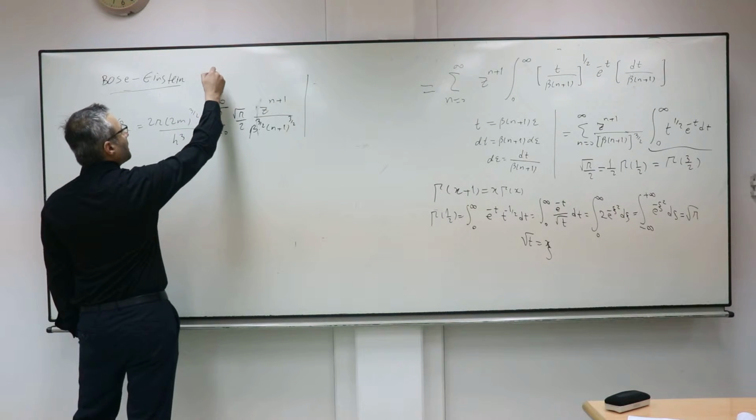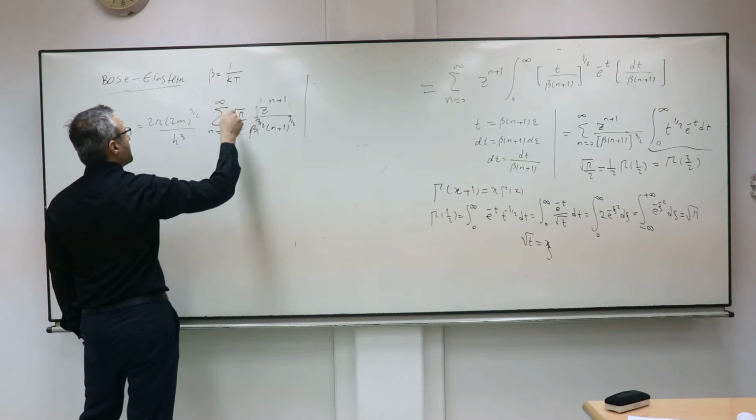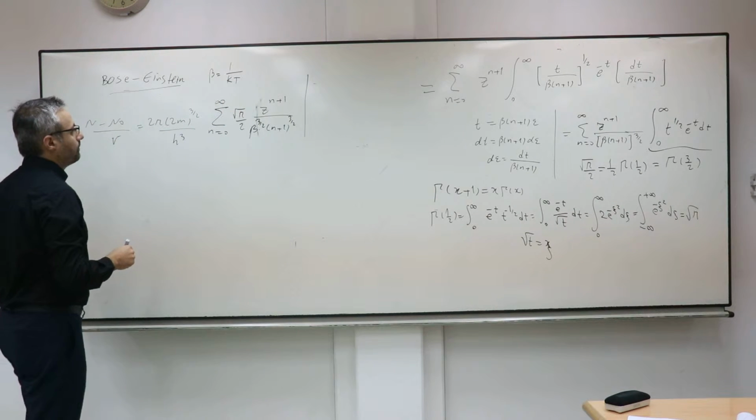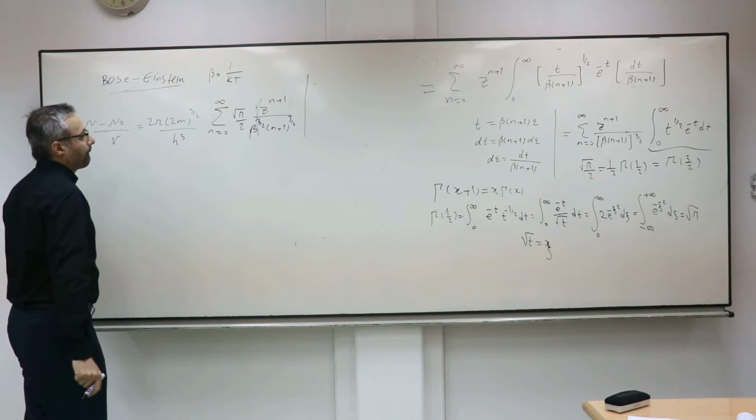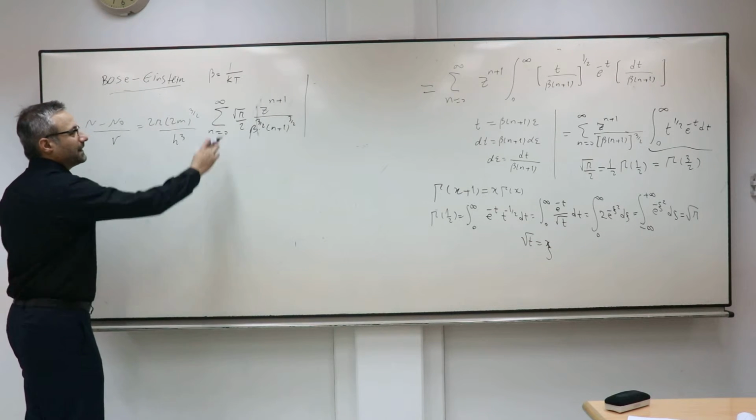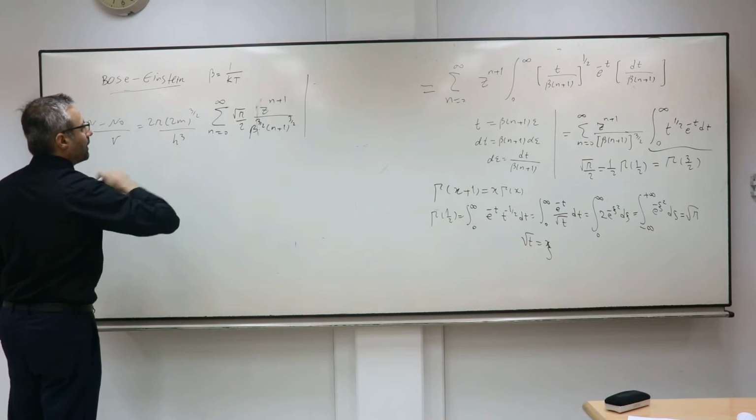So you know what is the beta? Beta is 1 over kT. So just replace 1 over kT here, and keep also the radical and simplify the radical by radical.